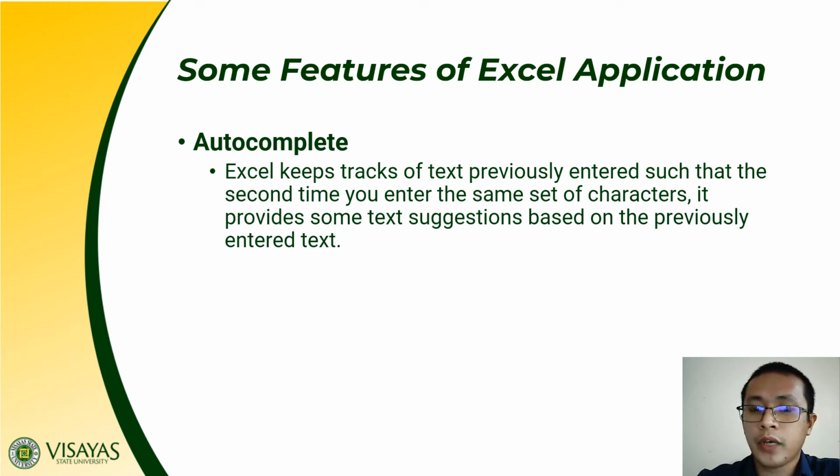Every time you enter a text in your Excel document, Excel keeps track of them, so that the second time you enter the same entry, it will provide a suggestion for you to select, without typing the entire text. That's what we call the autocomplete feature of Excel.